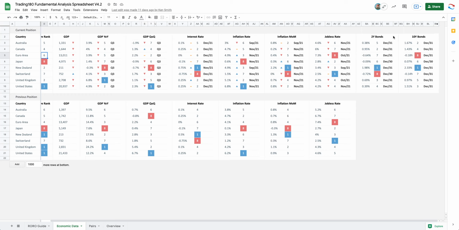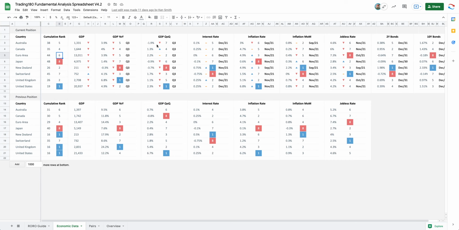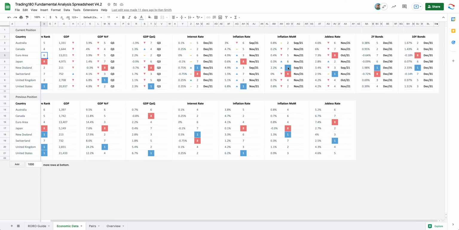In a nutshell, the bond traders are looking at these markers as well as some others, but generally they're looking at GDP, inflation, interest rates and potential government monetary policy to determine bond prices and bond yields. So they are very, very sensitive to monetary policy, the economy and inflation.